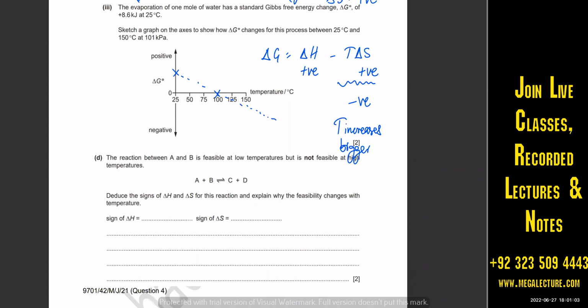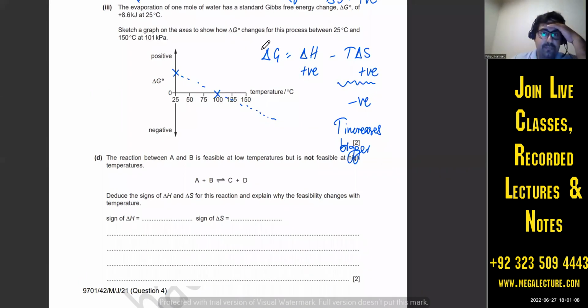Next one, I'll try to do the other one. The reaction between A and B is feasible at low temperature, but it's not feasible at higher temperatures, right? And he's saying predict what the sign is, right? So now we have to make some guesswork.